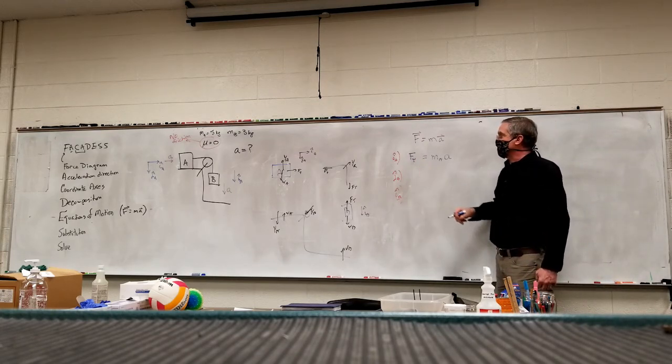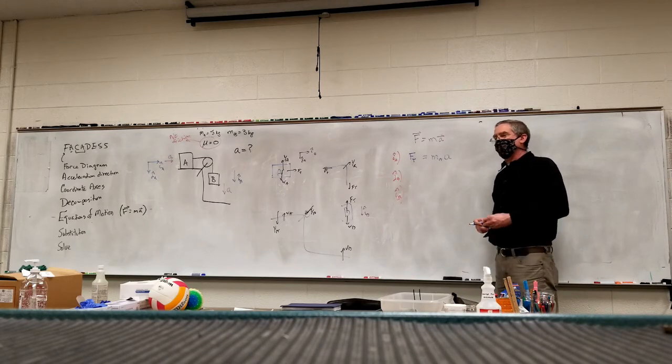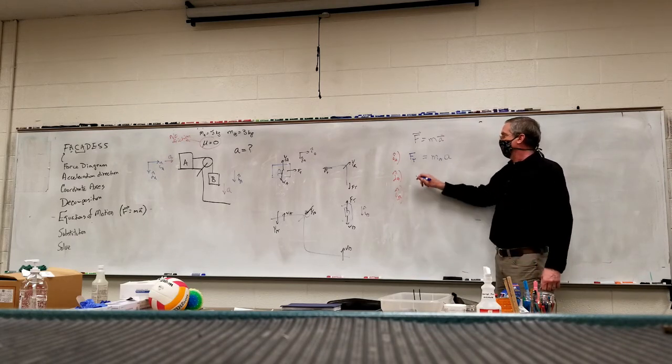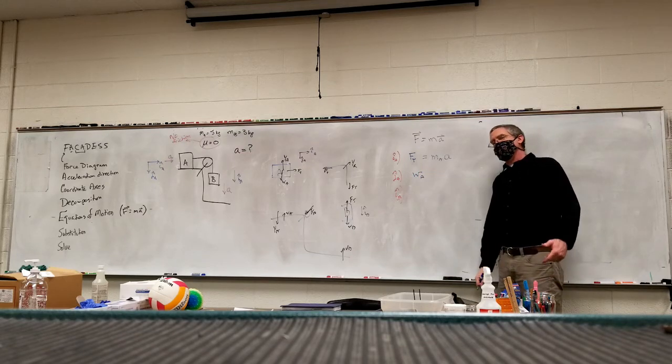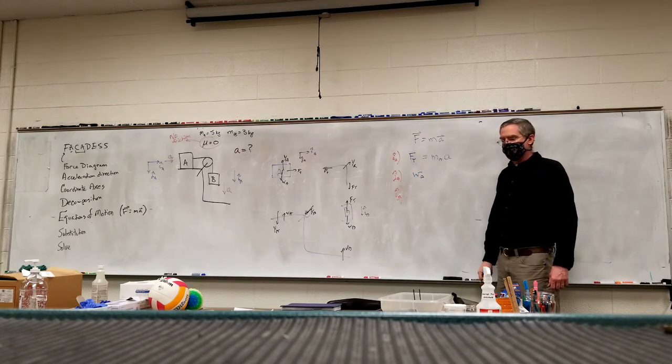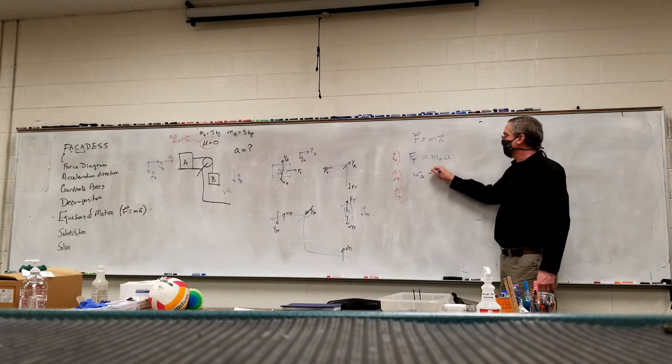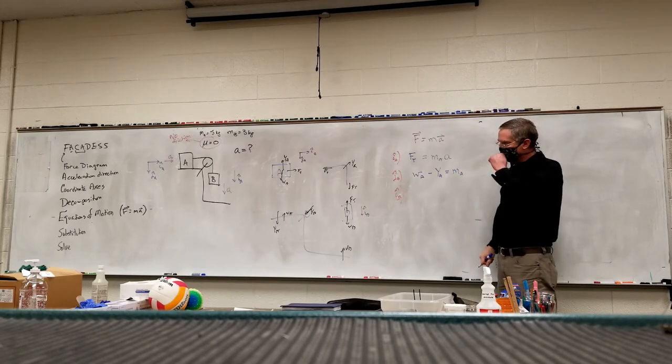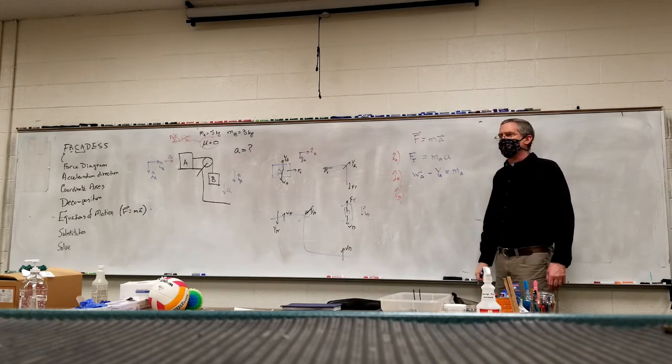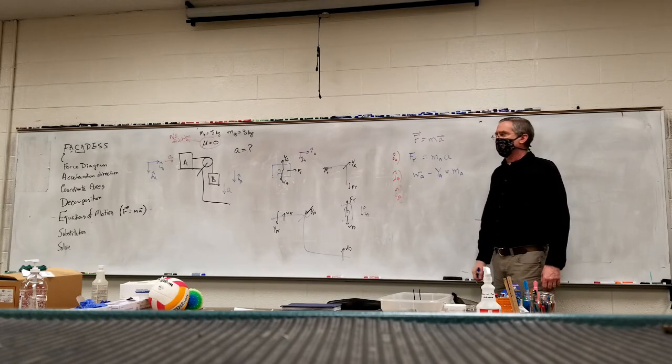Now we go to the J equation. What are all the forces in the positive JA direction? What are all the ones in the negative JA direction? So minus W_A equals the mass of A times, what is the acceleration in the JA direction?